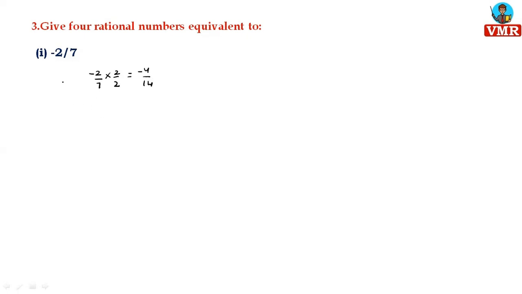And next, again for the same minus 2 by 7, if you multiply and divide with 3 by 3, we will get minus 6 by 21. This is one of the equivalent numbers. For the same minus 2 by 7, if we multiply and divide with the same number 4 by 4, we will get minus 8 divided by 28.